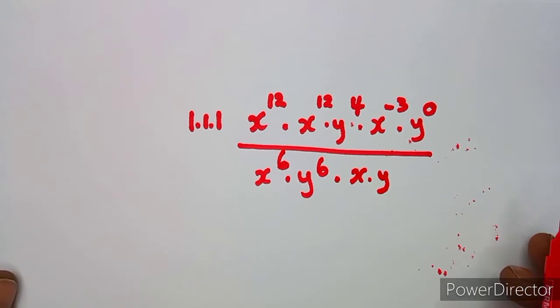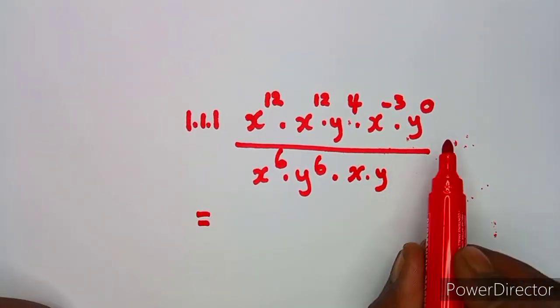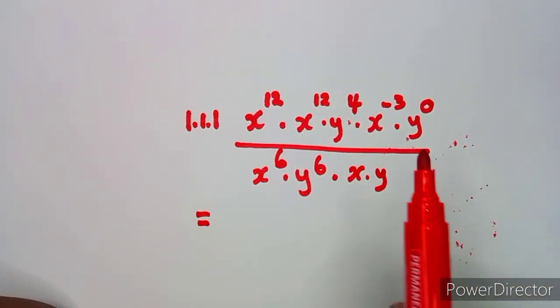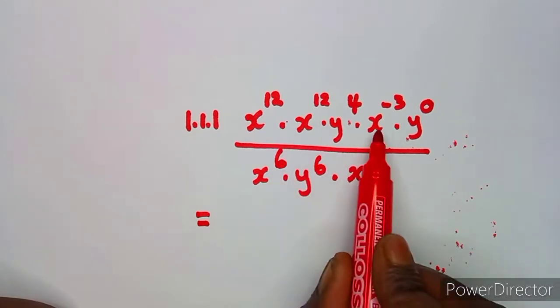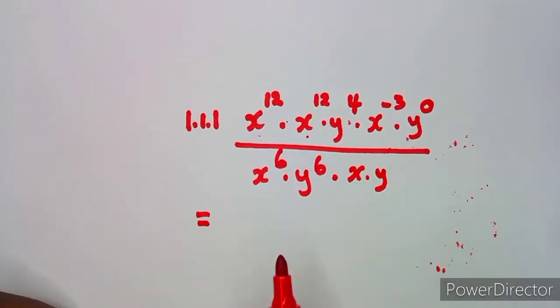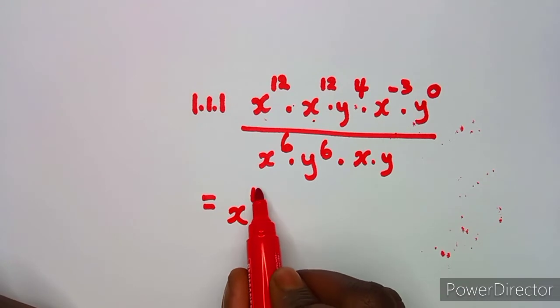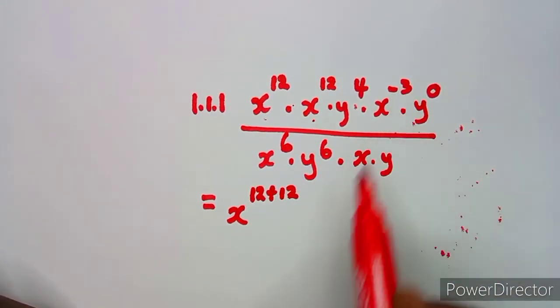So what are we going to do here, guys? Let's take the numerator first, on top. Here we are multiplying, and the bases are the same, so you can add the exponents, which gives us x to the exponent of 12 plus minus 3.